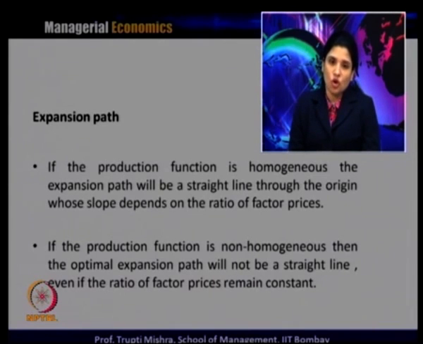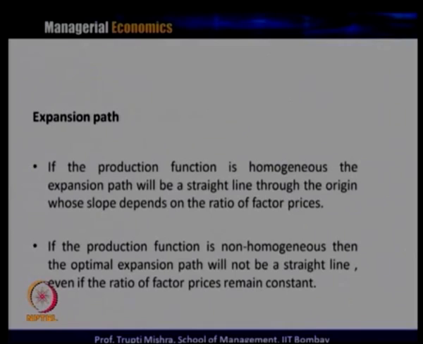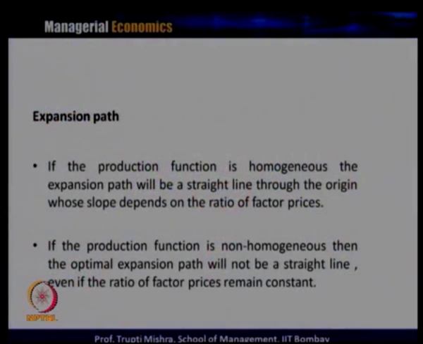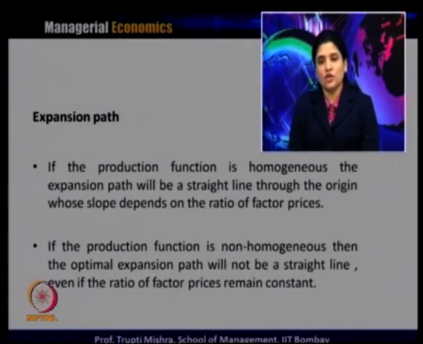If the production function is homogeneous, then the expansion path will be a straight line through the origin whose slope depends upon the ratio of the factor prices, and if the production function is non-homogeneous, then the optimal expansion path will not be a straight line, because even if the ratio of the factor prices remains constant, in case of non-homogeneous it is somehow like a zigzag, because it is not homogeneous. So, whenever the inputs are changing, it is not changing by a fixed proportion, rather it is changing by a different proportion.